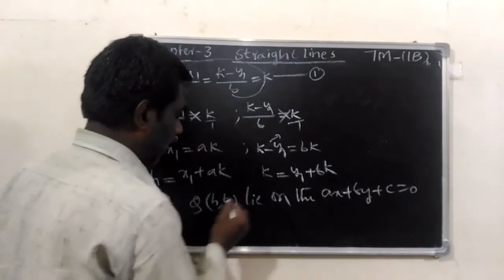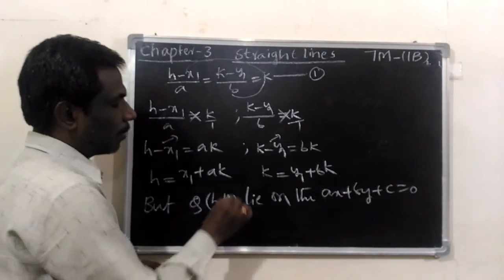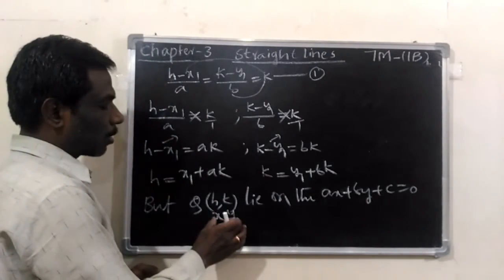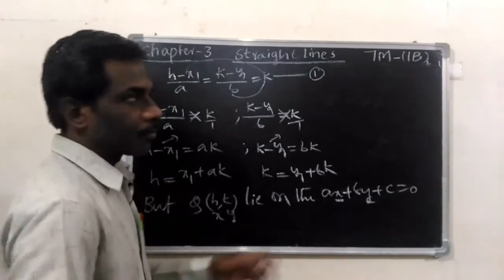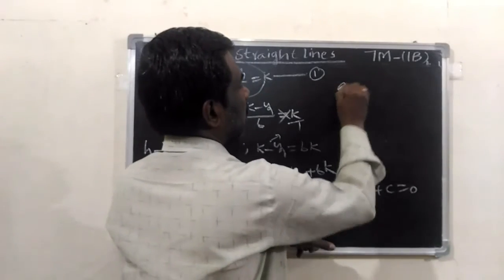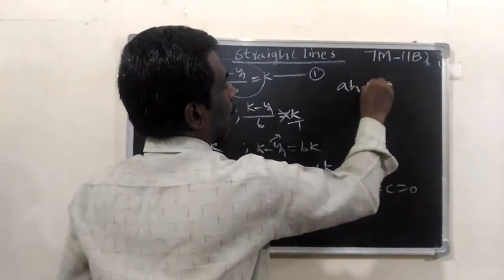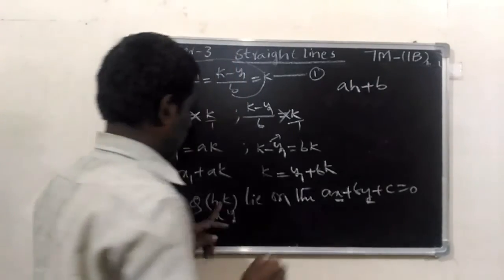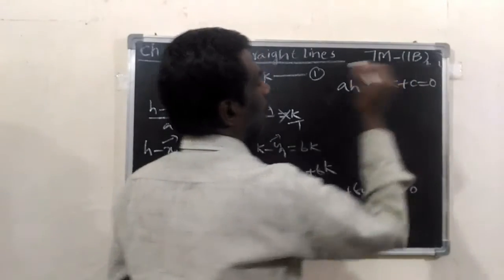That's why in place of x we can write h, in place of y we can write k. Now we are going to substitute this here. I am writing this a as it is, and in place of x substitute h, b as it is, in place of y is k, plus c equal to 0.